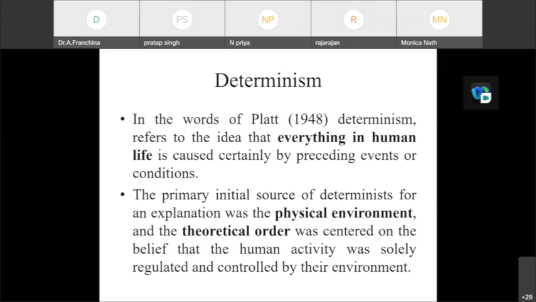Yes. Okay, so it is a physical environment. Physical environment is nothing but every time we have to depend on the nature.